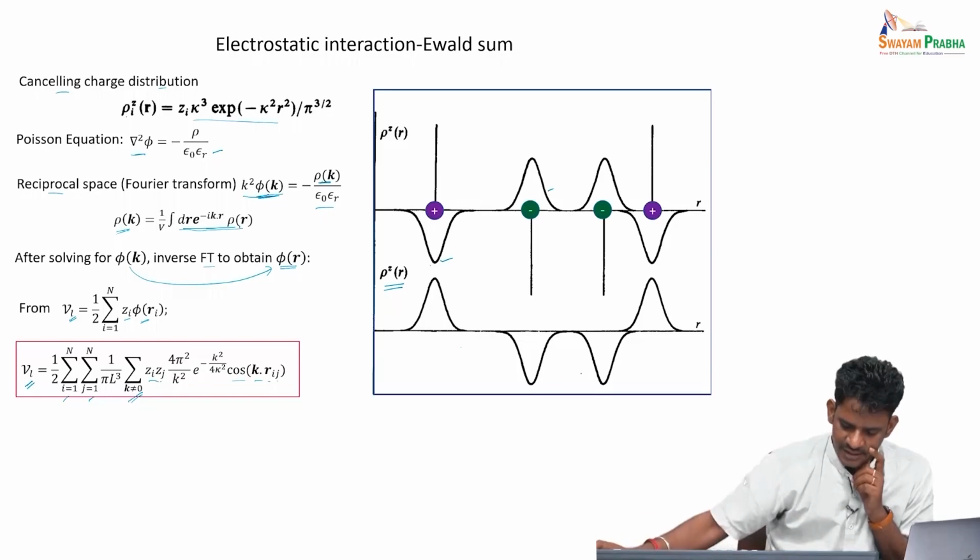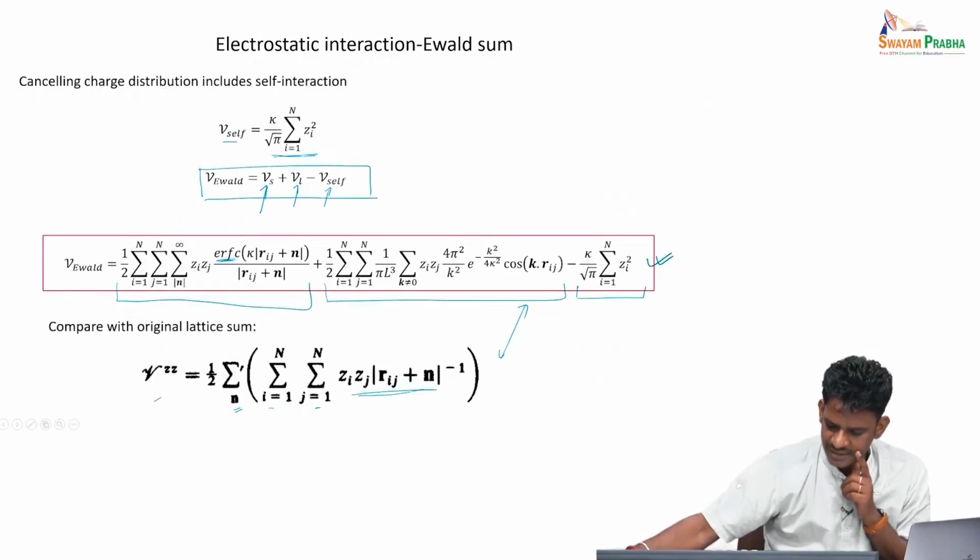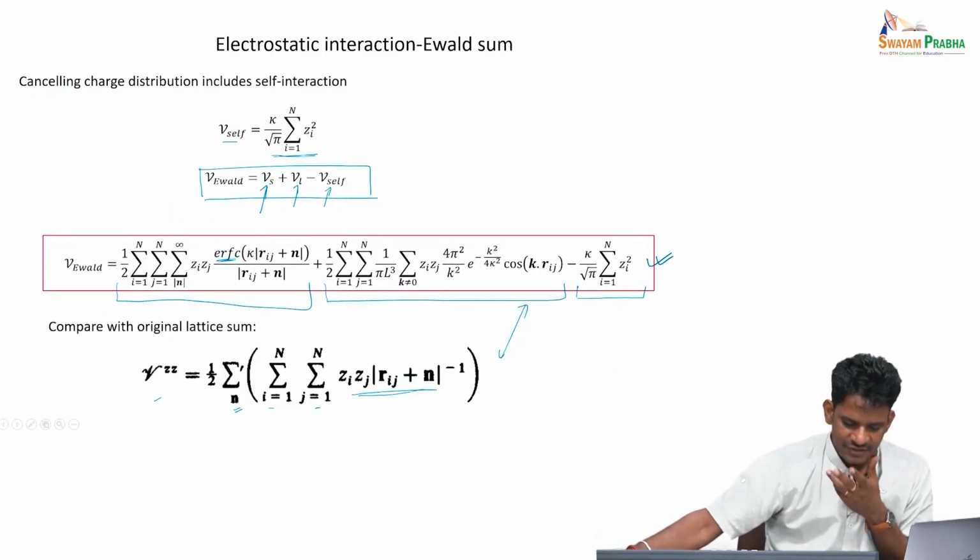And I think the idea here, if I go back to the comparison, is that the advantage of this method is that the original lattice sum is conditionally convergent depending upon the order in which the neighboring boxes are added in the sum. Whereas in the Ewald sum, the first term is confined to only the central simulation box, in the same way that we do the minimum image convention, taking the nearest images among all the images.